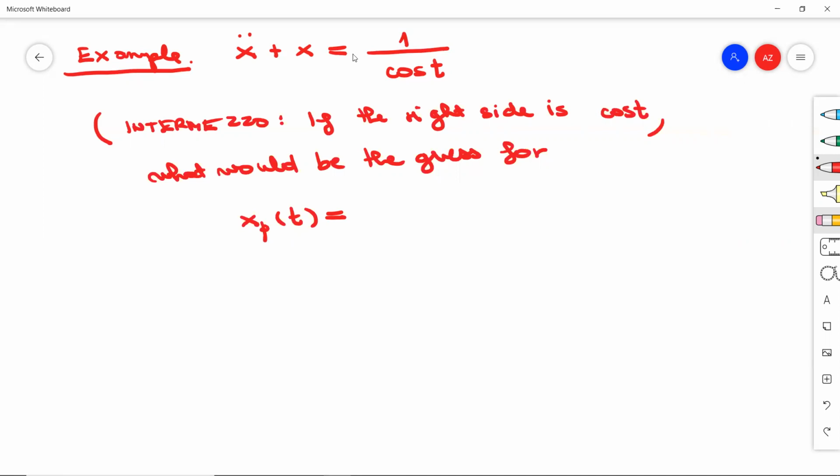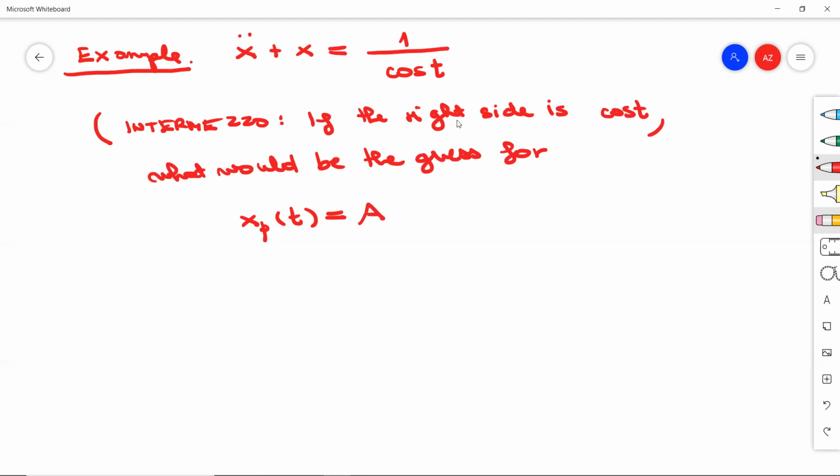Yes, because the second derivative of the trigonometric functions cosine and sine remains cosine and sine. This is a good guess, and Matei also noticed this in chat.